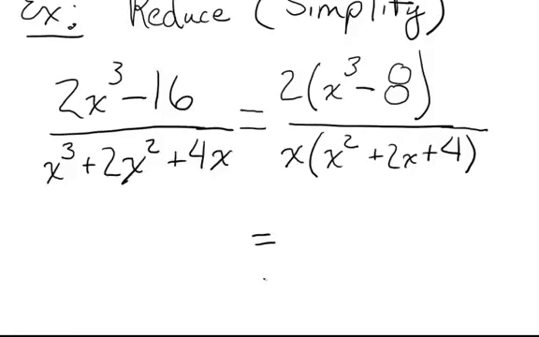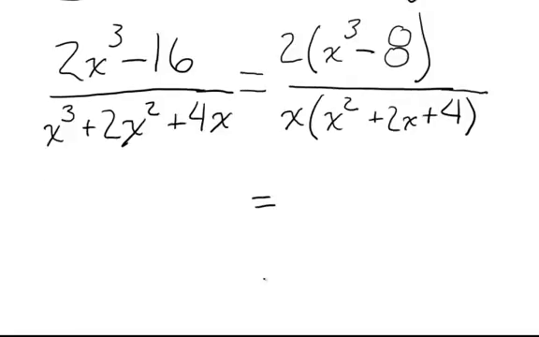I don't know if you were able to notice it in the beginning, but now, once we've pulled out that factor of 2, we see that in the numerator we have what's called a difference of perfect cubes. x is being cubed, and a number here is being cubed, the number 2. So we can factor this difference of perfect cubes.